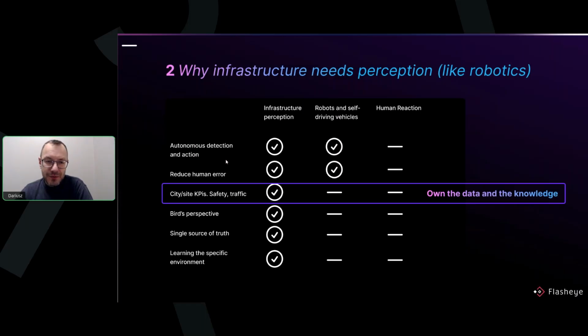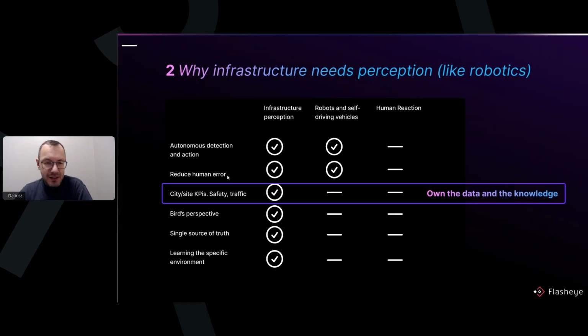Some autonomous detection and action you will have in humans when they are trained and used to such things, they can react in an almost automatic way, but you need proper and special training for that. Reduce human error: this is something infrastructure perception and self-driving vehicles are made for, to eliminate any potential error from the human side.